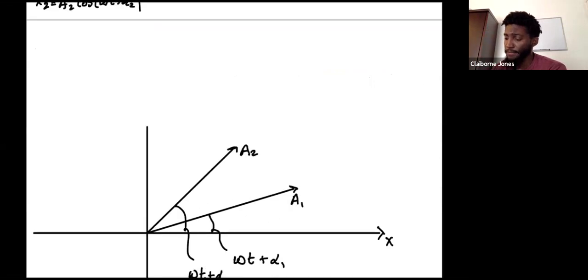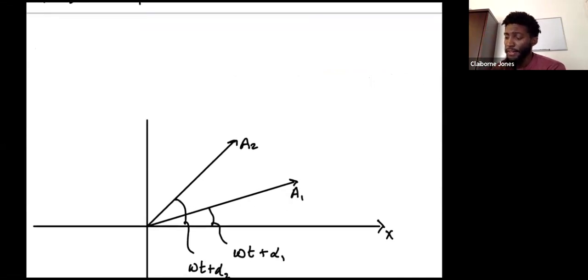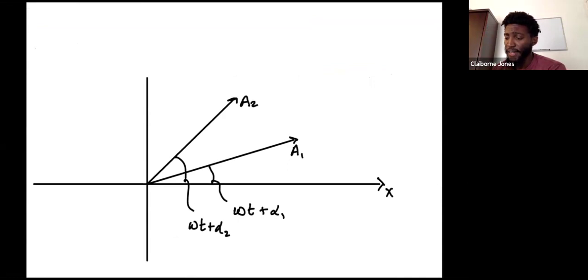Now that we have these vectors written out, what will our resultant vector be? We said that it'd be the composition, or the sum, of the two vectors. It's the sum of the two waves. That's what we've postulated. So how do we add vectors?